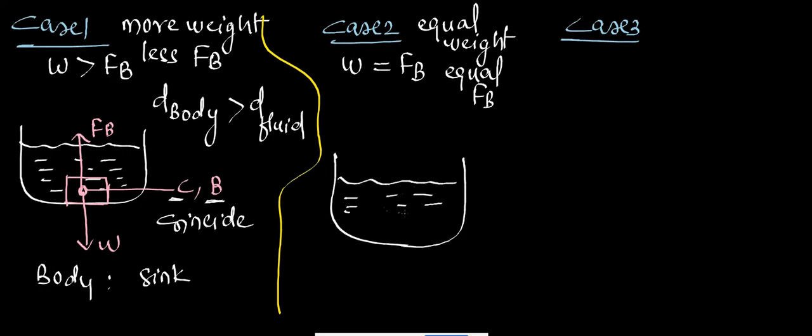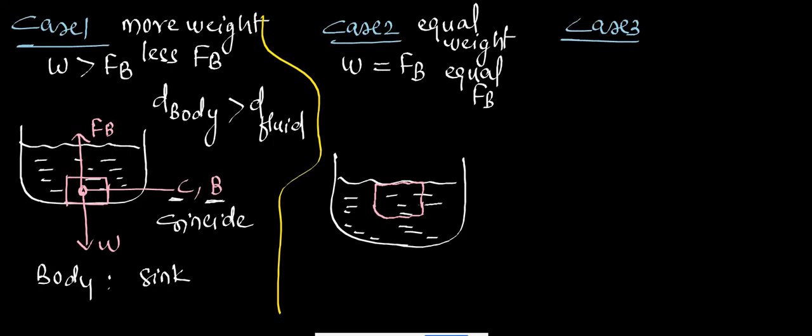Body will float. And how the body will float is, this is the surface of the fluid, right? So it will touch to the surface of the fluid and this is how it will float. It is not completely sinking down. It is floating such a way that it is attaching to the surface of the fluid.